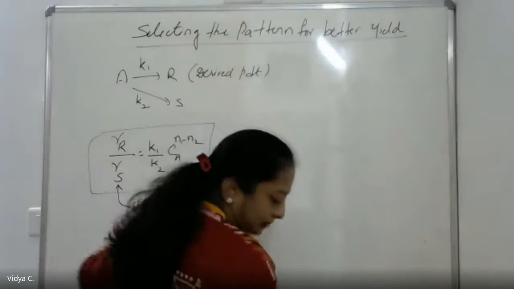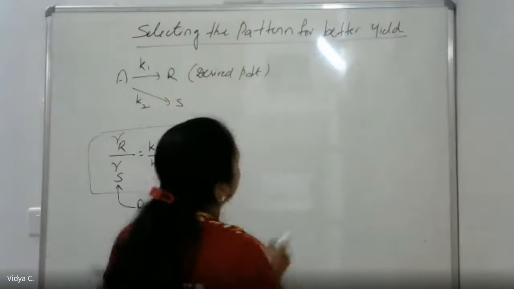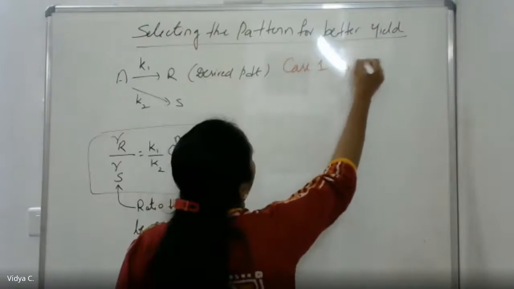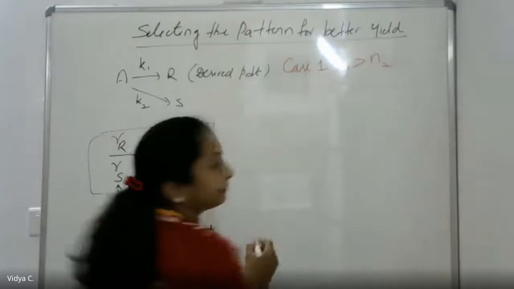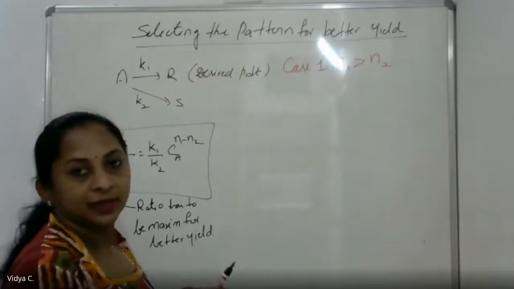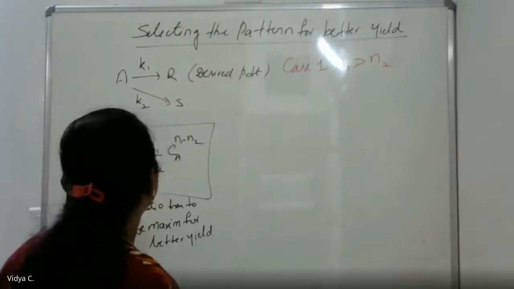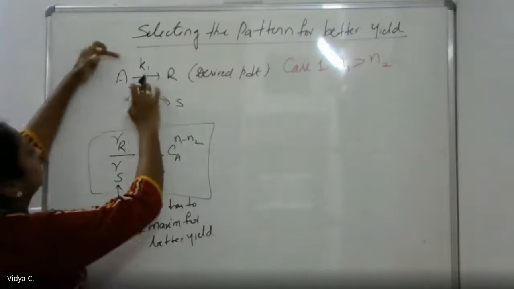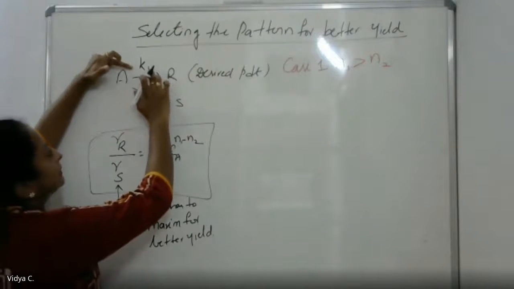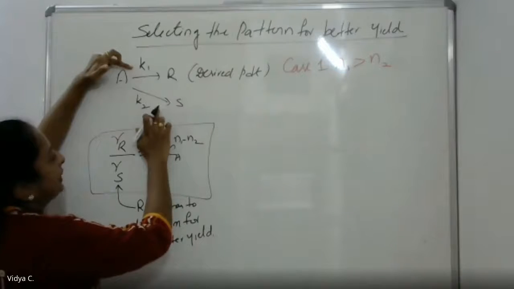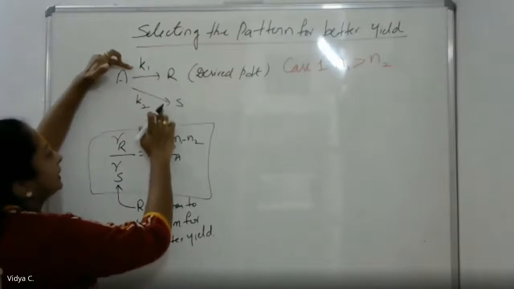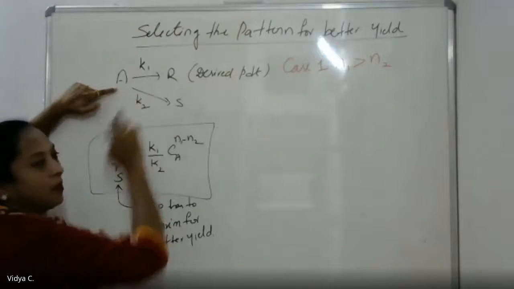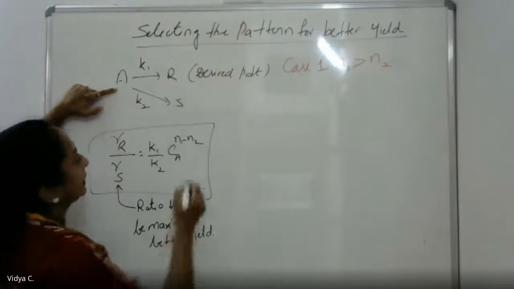So let us go case by case. Case one, n1 greater than n2. If n1 is greater than n2, this is for n1 and this is for n2. If this path is greater than this, obviously increasing A will give me more R. Do you get that?